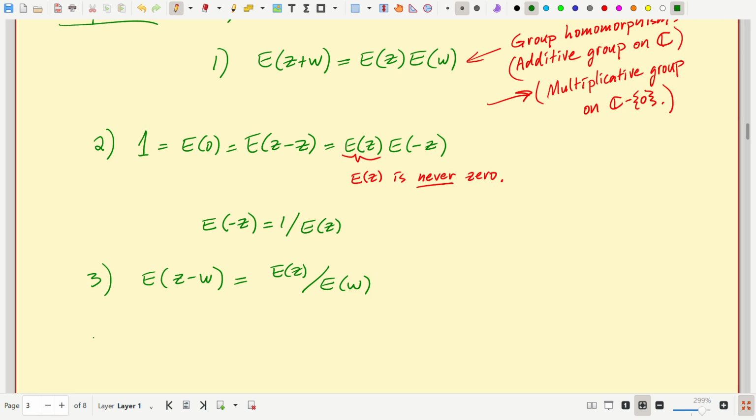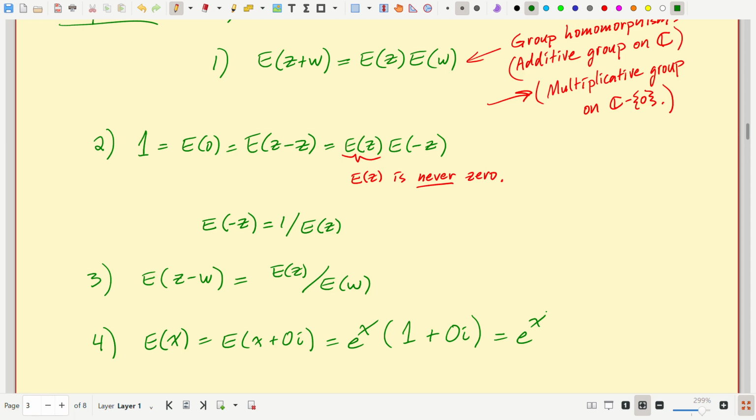A couple more things maybe. e to the x, when x is real, is e to the x plus 0 times i, and that's e to the x times 1, since cosine 0 is 1 and sine of 0 is 0. So that's e to the x.